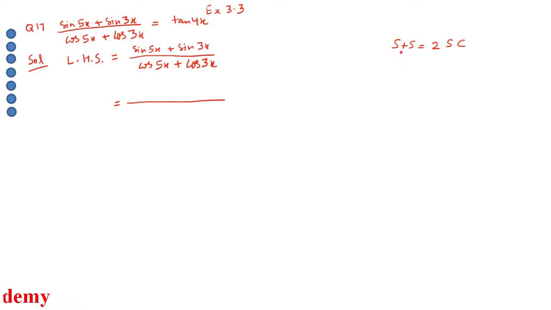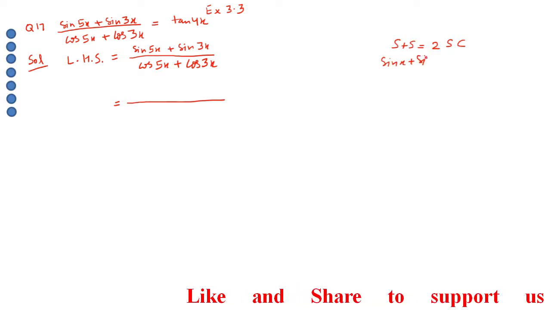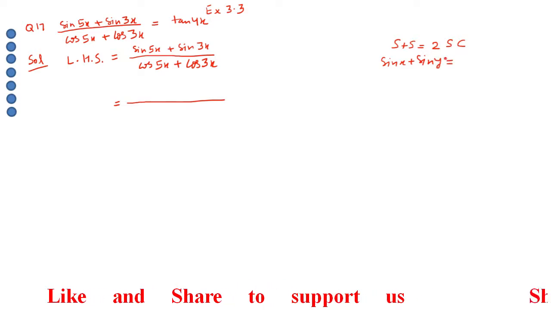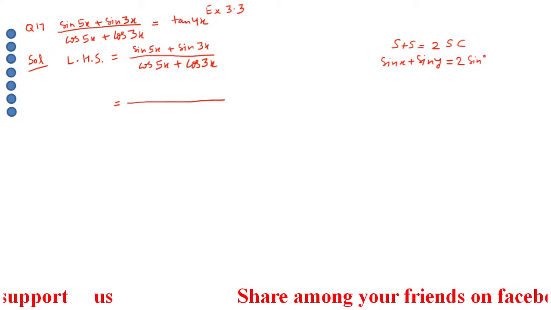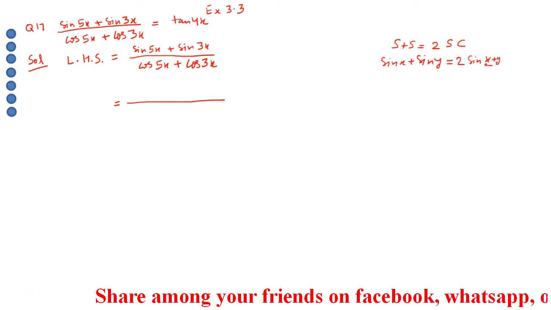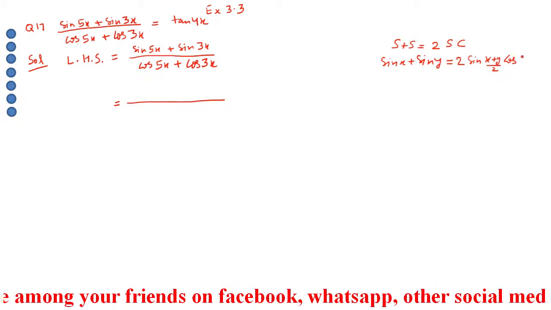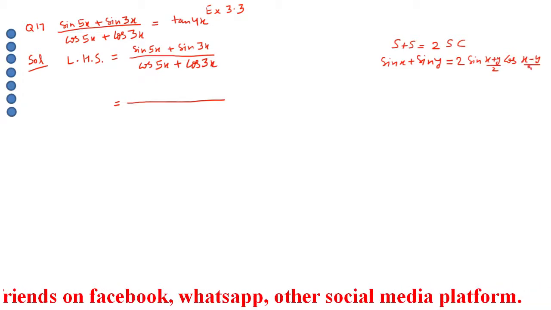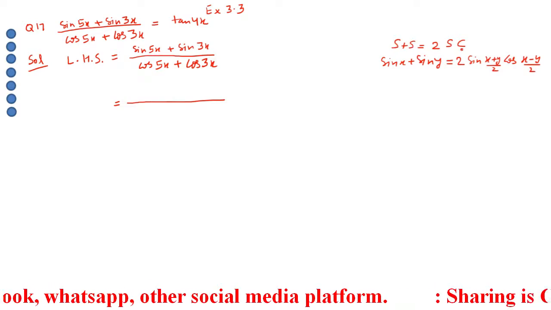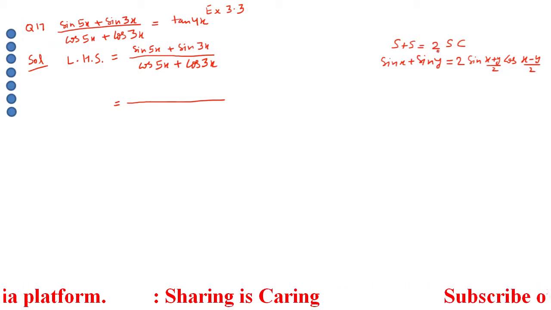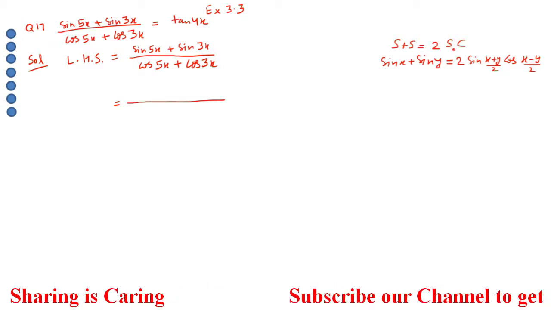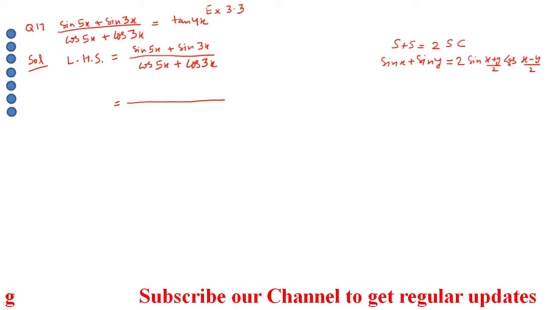The meaning of s plus s is equal to 2sc is, if we get a question like this, sin x plus sin y, then we have to use the formula 2 sin sum of angles, that is x plus y upon 2, and then cos difference of angles, that is x minus y upon 2. So s is for sin and c is for cos. So sin x plus sin y is equal to 2 sin, the sum of angle divided by 2, then cos difference of angle divided by 2.